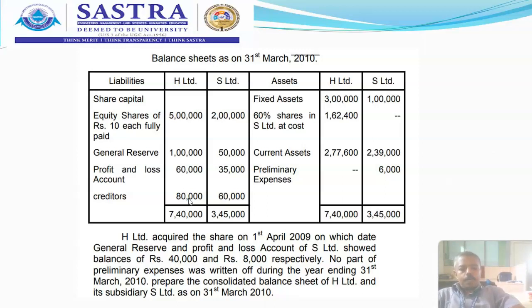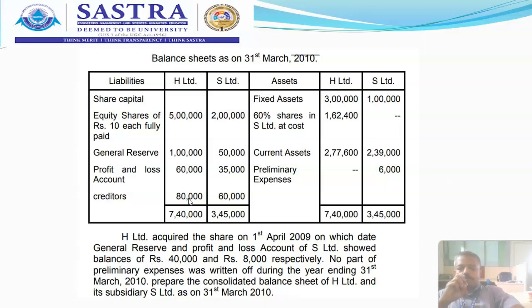So now, the calculation of cost of control, or we can call this goodwill, or sometimes capital reserve may occur instead of goodwill. Goodwill arises when the investment value is more than the net asset realizable value of the subsidiary company.